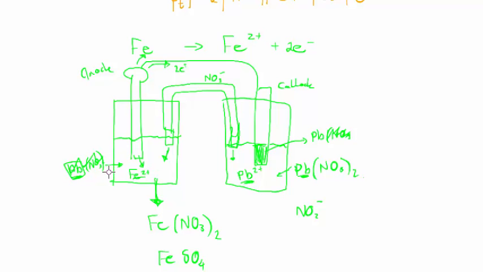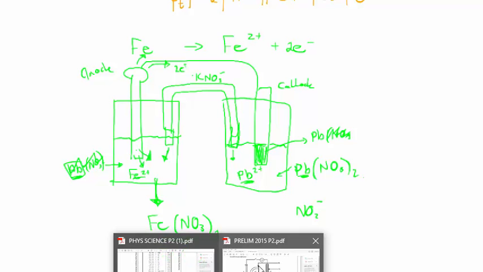It can't be Pb, because Pb will attract the electrons in this direction, and they've already said this is the Pb solution. So Pb will be attracted in that direction. So let's just use the nitrate they've already given us, and then this one can maybe be a nitrate. Okay, let's see what else they ask me. And this, let's make it potassium nitrate as a common salt bridge. Okay, let's see what else they say.